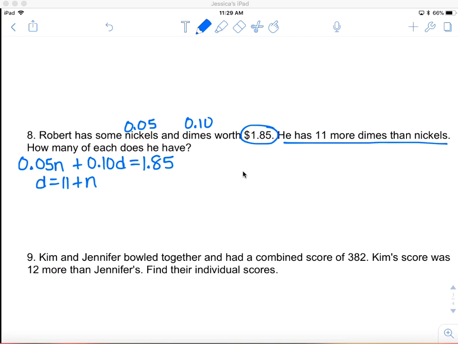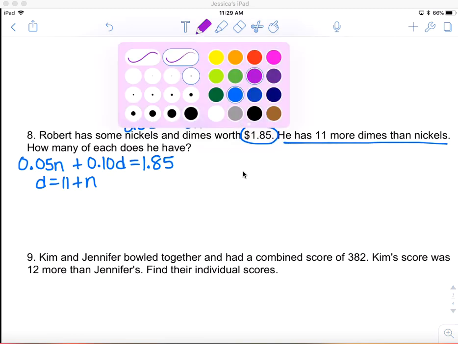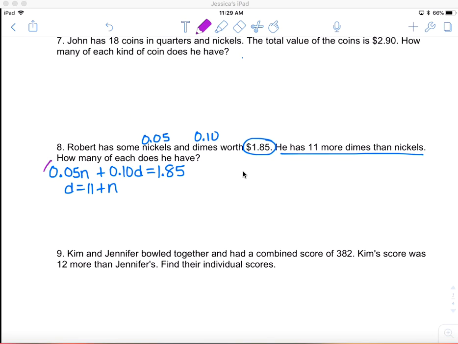However, before we start, I want to show you a shortcut to get rid of your decimals, so you don't have to deal with decimals the whole time you're solving. I can multiply this whole top equation by 100, and by doing that, that's going to move your decimal place 2 places for all of these, which means I can actually write this as 5n plus 10d equals 185.